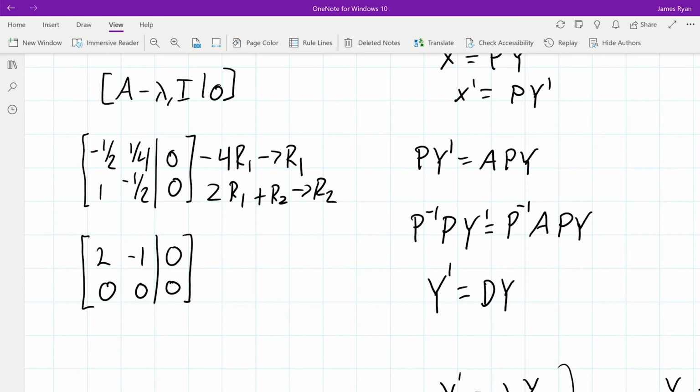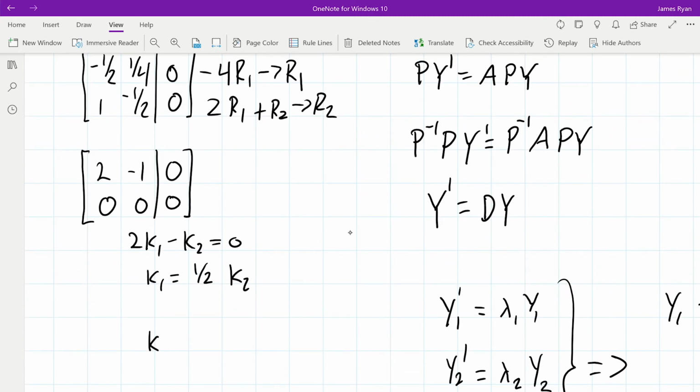From here, we can see that 2k1 minus k2 equals 0, or k1 is 1/2 k2. So this tells us that our eigenvector k1 associated with lambda equals 3 over 2 should be 1, 2.